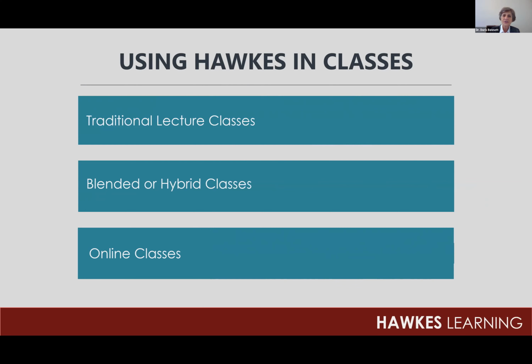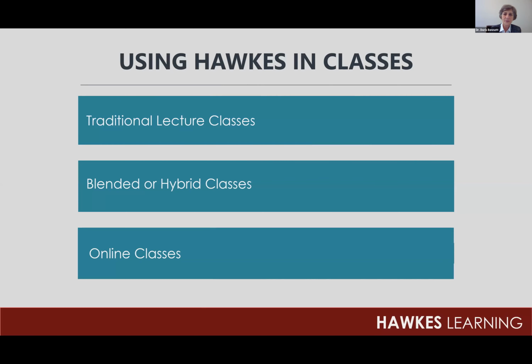Here at JSU, we are going to more and more blended or hybrid classes where normally in a lecture class, you would meet a total of 3 hours a week, maybe an hour and a half on Tuesday and Thursday. But with our blended classes, we only meet once a week, and then students are on their own to be learning, hopefully with online exercises, the other class day.